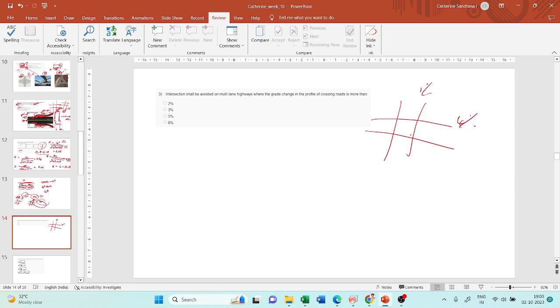Then in such cases you have to find out the grade change of the two crossing roads, and if it is more than 2%, then you should probably avoid intersections.